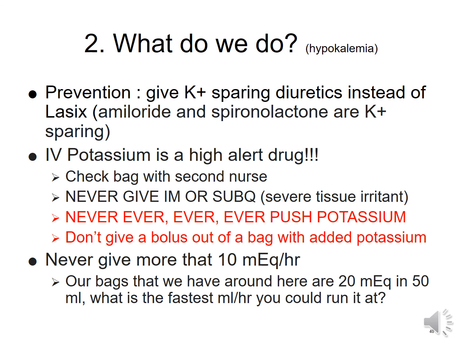So it's going to take 2 hours to infuse because we don't want to give more than 10 milliequivalents an hour. It's 50 milliliters. So 25 milliliters an hour, okay? Double check and make sure that you're always running your potassium correctly.